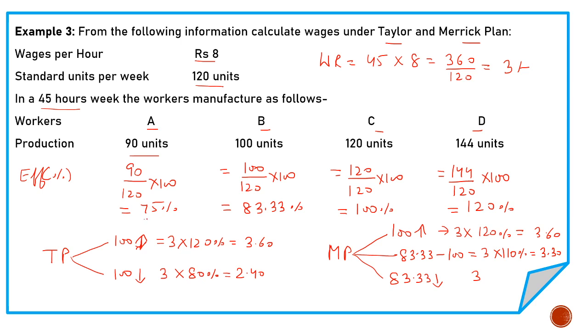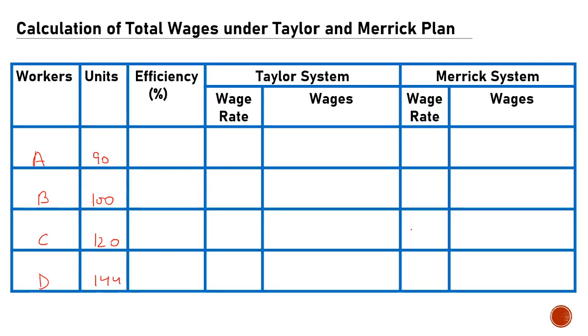Worker A's efficiency is 75%, worker B's 83.33%, worker C's 100% and worker D's efficiency is 120%.